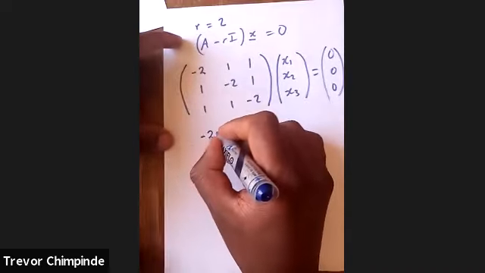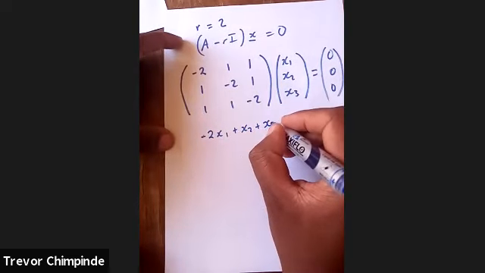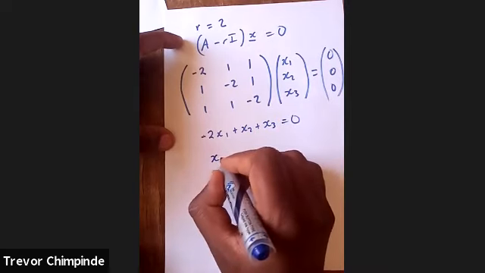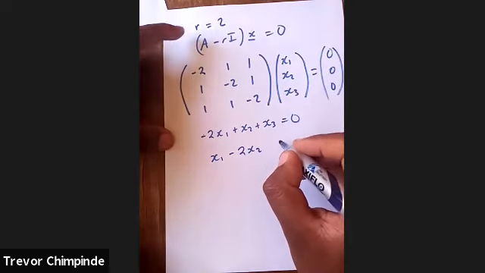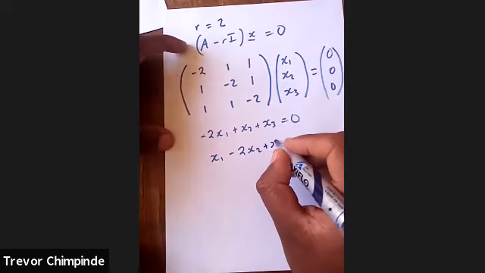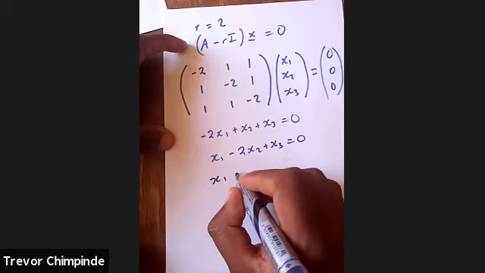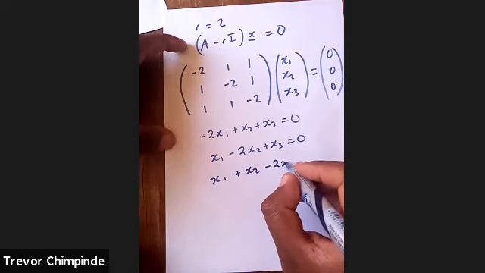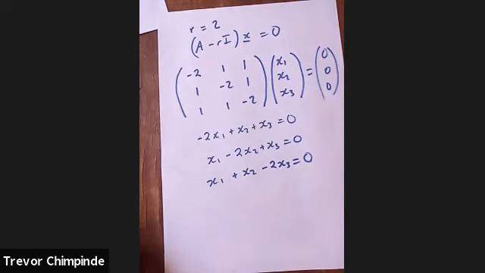Minus 2x1 plus x2 plus x3 is equal to 0. The other one is x1 minus 2x2 plus x3 is equal to 0. Then x1 plus x2 minus 2x3 is equal to 0. Okay, so here are your equations.